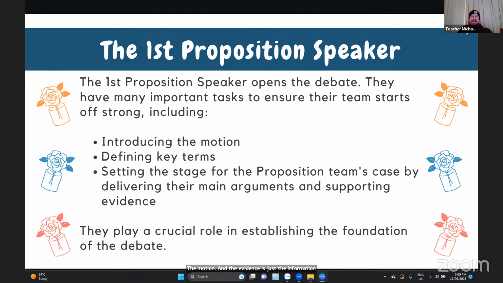For example, I think every child should learn how to swim because there's a report from the government that says that young children that don't know how to swim have a significantly higher chance of drowning in the pool. So it's just your reason why and the information that you've got to support that reason. Make sense? Terrific. Very good. Thank you for your question, Lincoln.